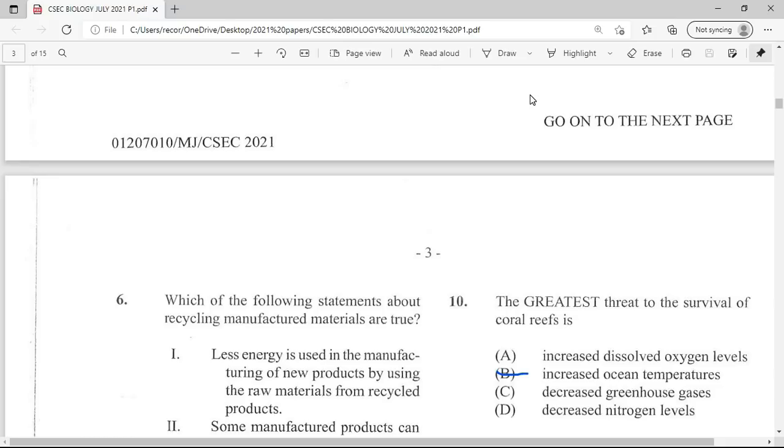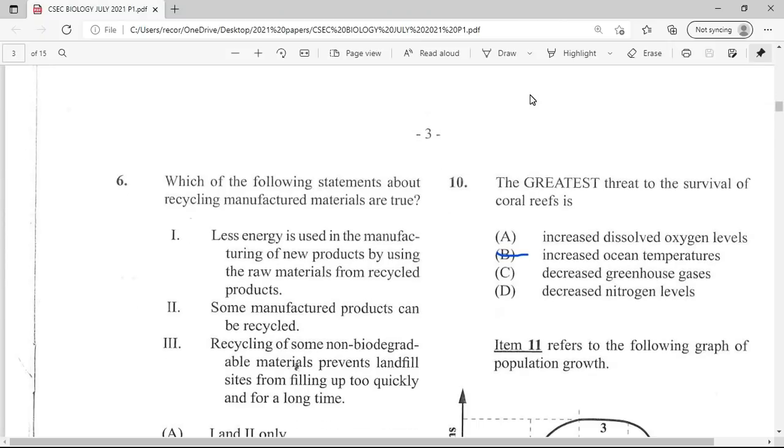Question number 6. Which of the following statements about recycling manufactured material are true? I have a video on this on my channel. You probably want to go and check it out. Now, less energy is used in manufacturing new products by using the raw material from recycled products.